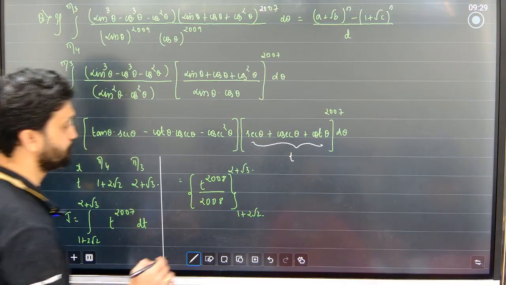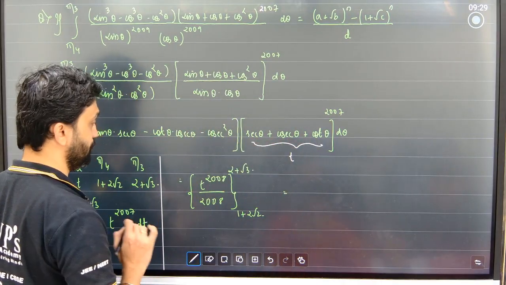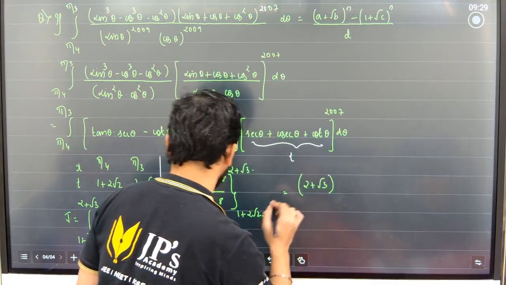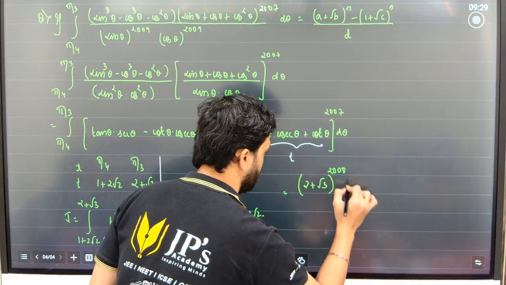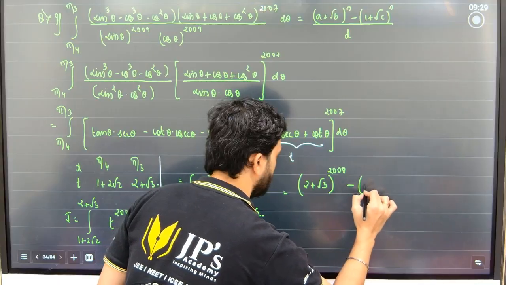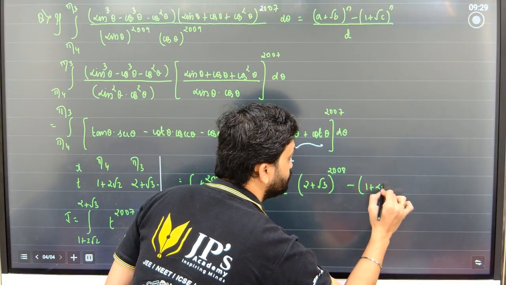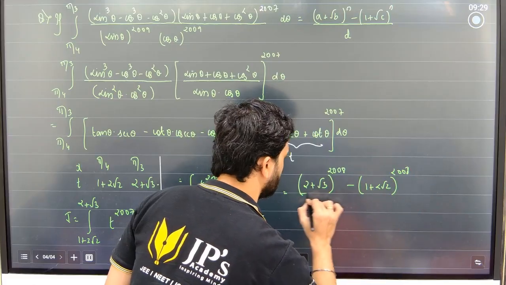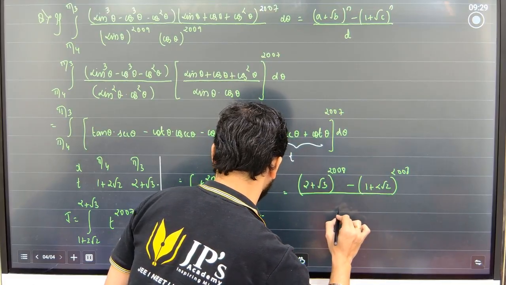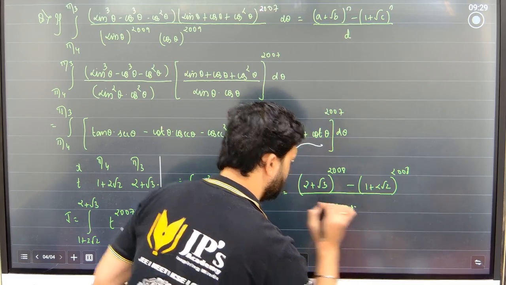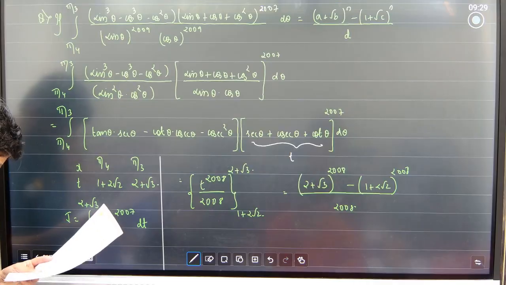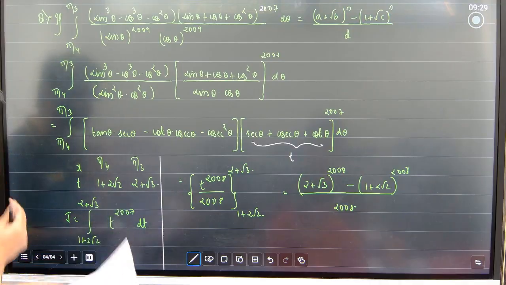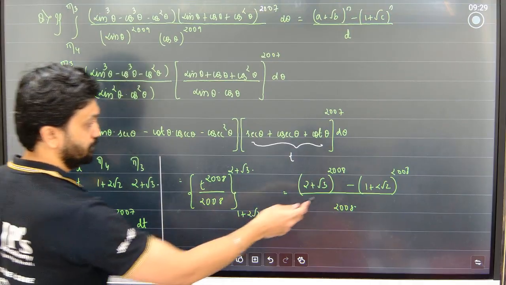And if I substitute the limits in the whole answer, this will become 2 plus root 3 raised to 2008 minus 1 plus 2 root 2 raised to 2008, upon 2008. So for me it should look like this.